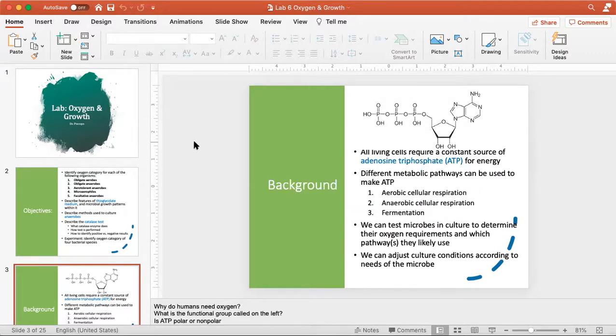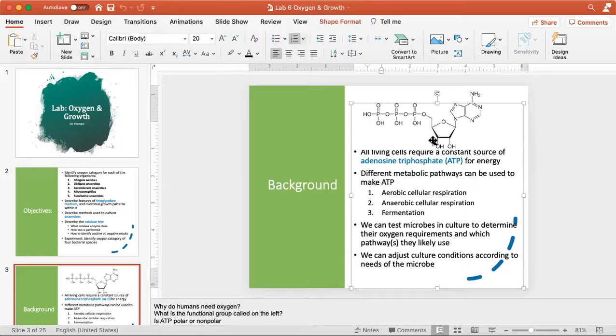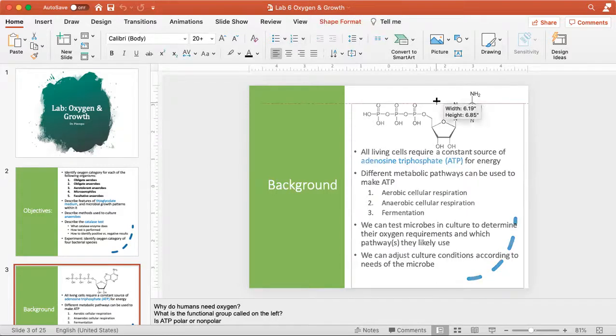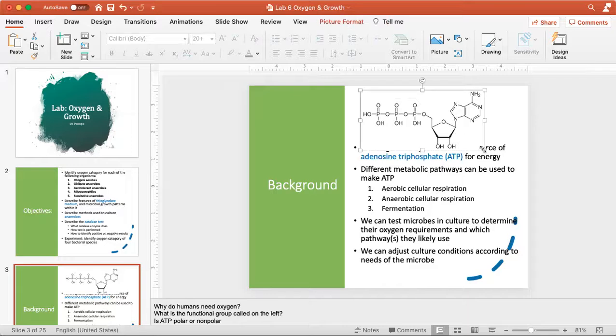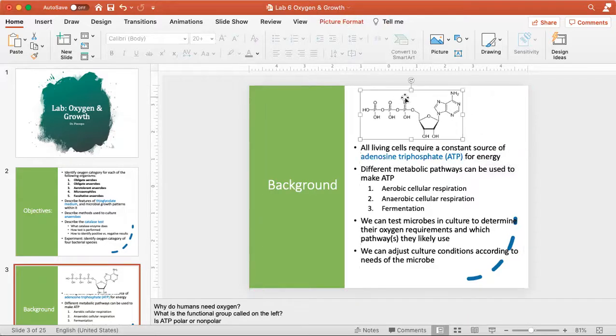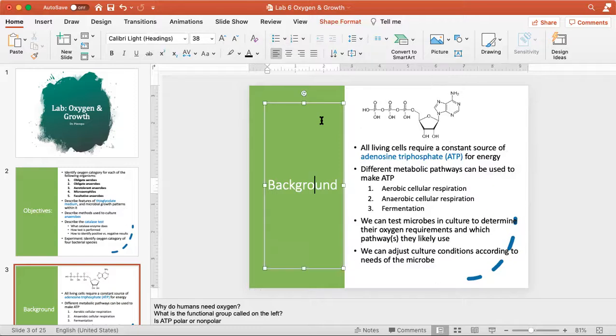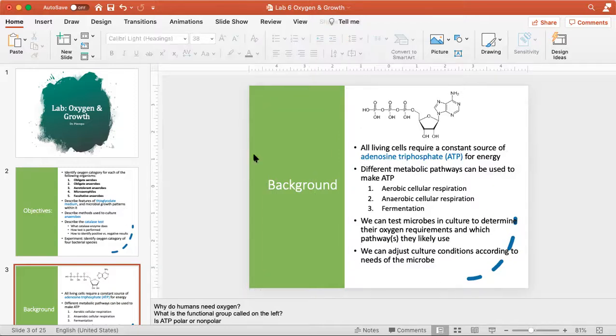So on this slide, I've just summarized some of the things that I just talked about with you regarding this important molecule called ATP. This is the structure of ATP up at the top. Adenosine triphosphate is what ATP stands for.